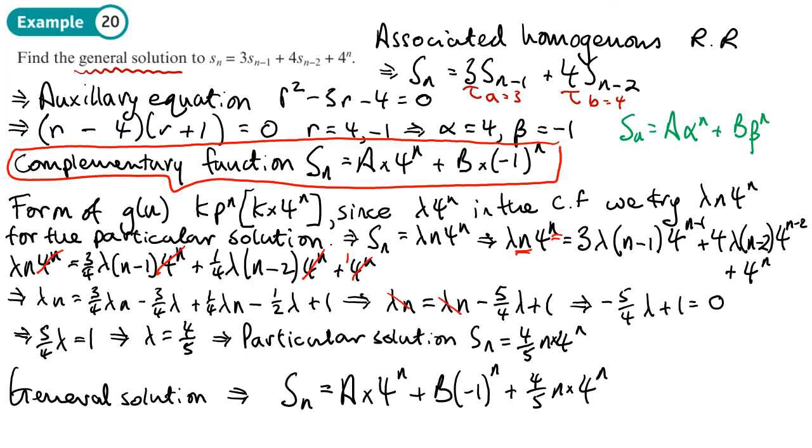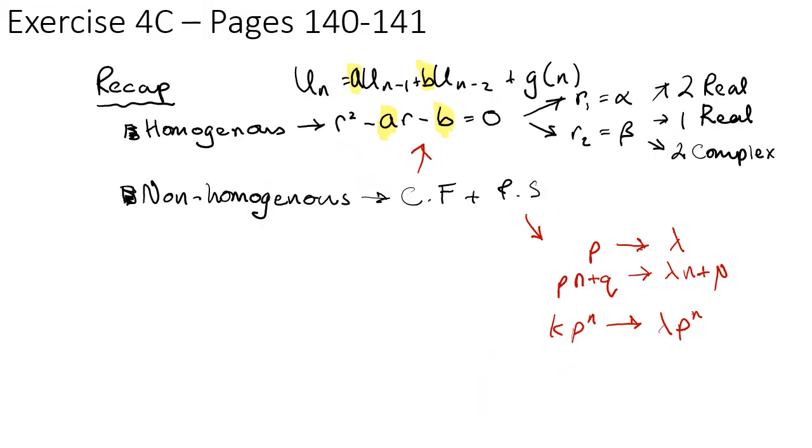We leave it like that because we've not been given any initial conditions, so we don't need a final solution. We just leave our general solution in that form. You should now be able to do exercise 4C on pages 140 to 141.